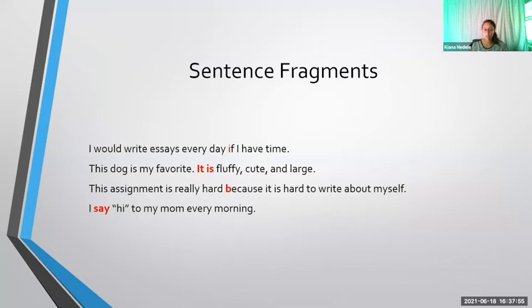With the first and the third sentence, we can actually combine them, right? If and because need a second part, we have another sentence, so we can combine them. I would write essays every day if I have time. This assignment is really hard because it is hard to write about myself.